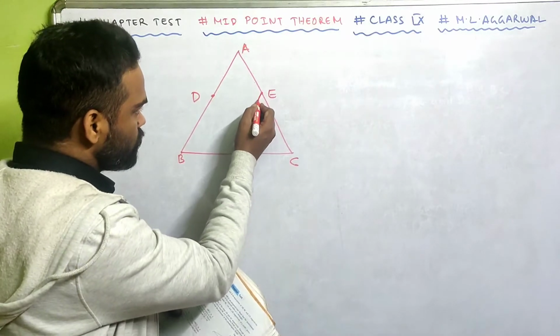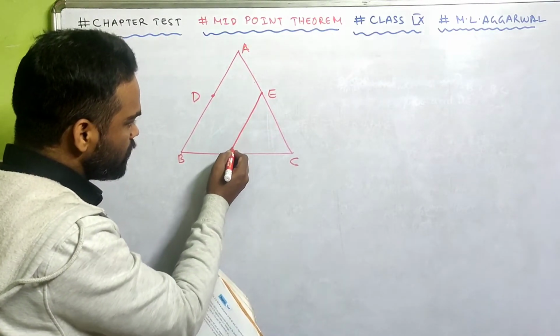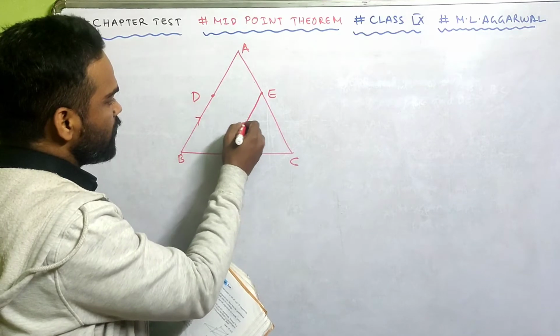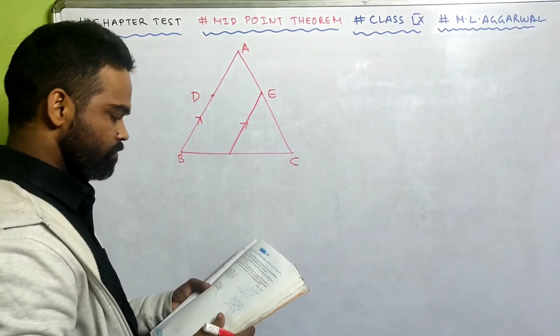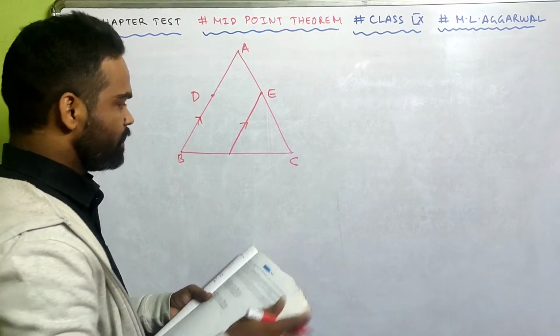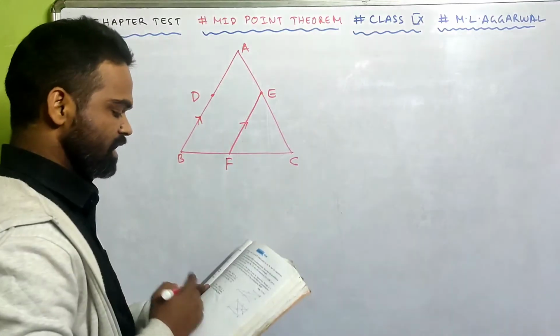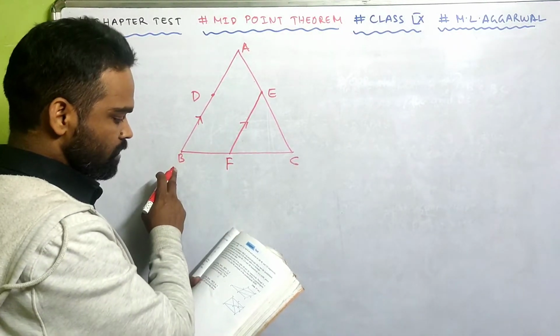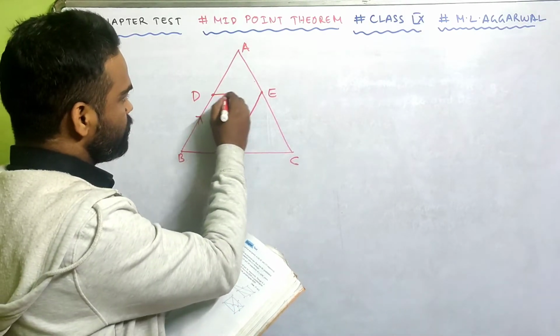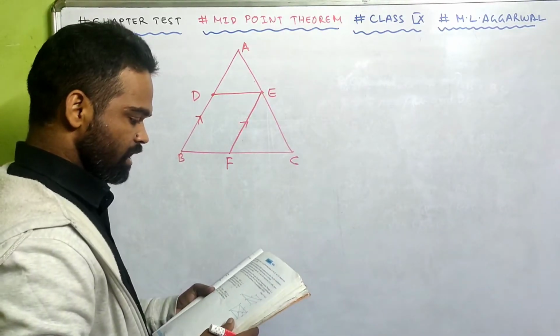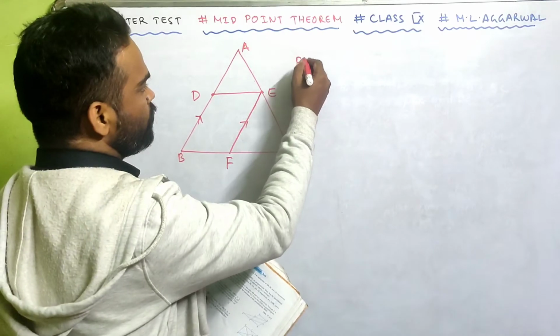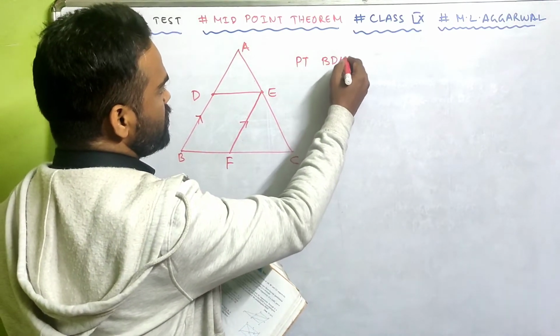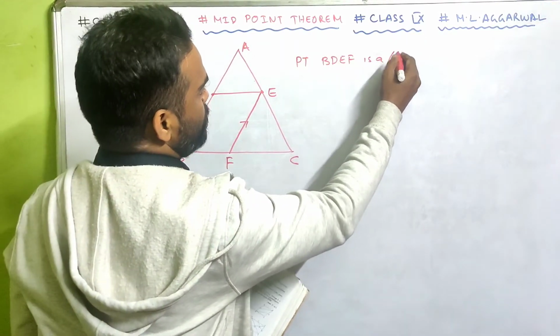Through E, we draw a straight line parallel to AB, to meet BC at F. They have given this. Prove that BDEF is a parallelogram.